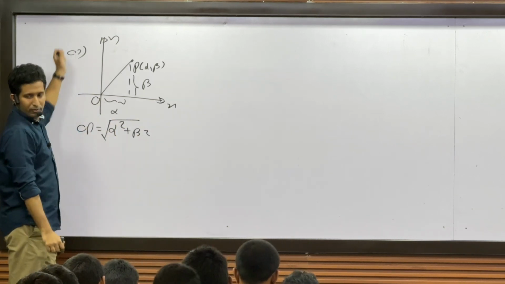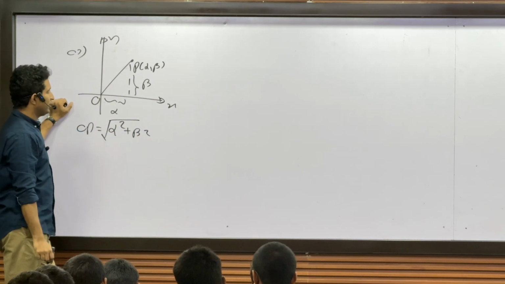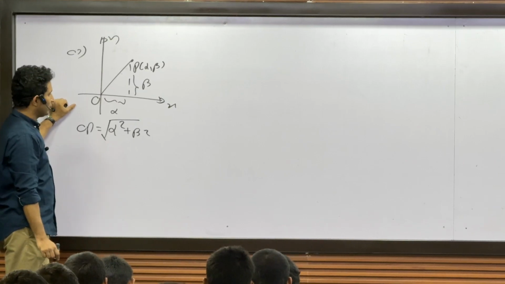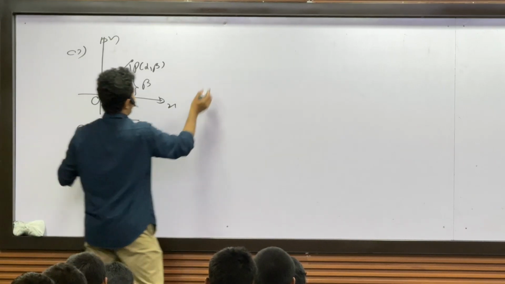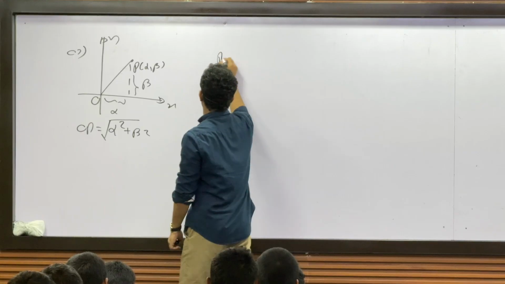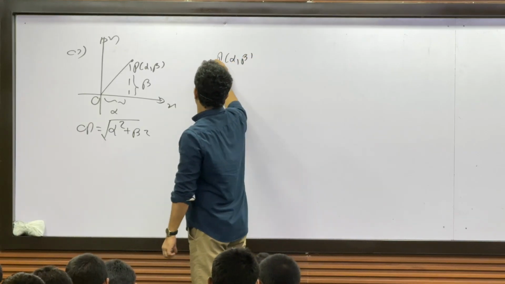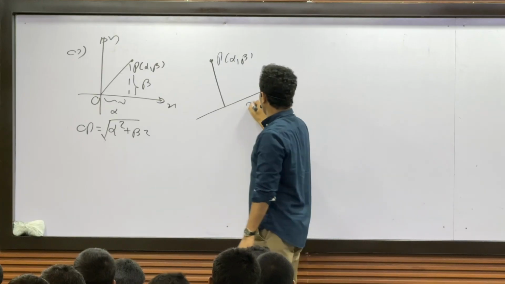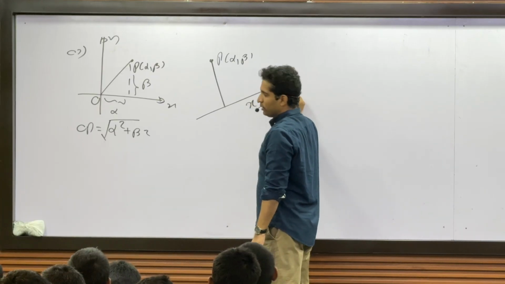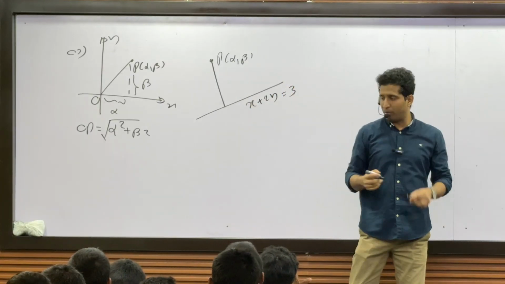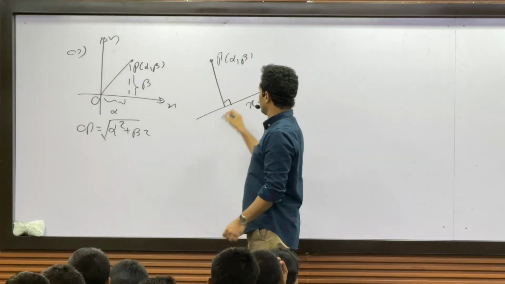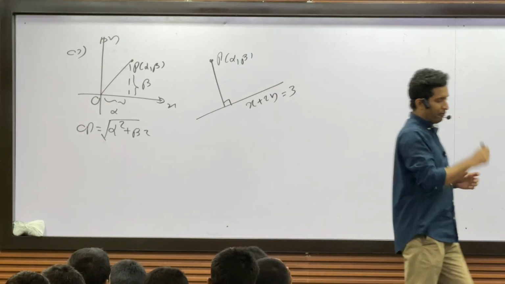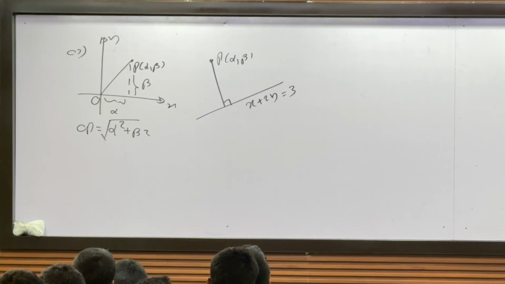And they ask what's the distance from P(alpha, beta) to the line x plus 2y equals 3. You should remember I gave you an equation to find the perpendicular distance from an external point to a given line.